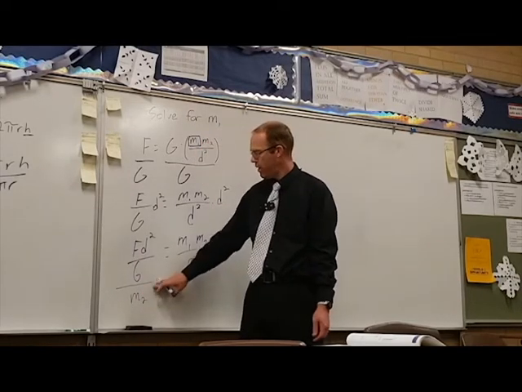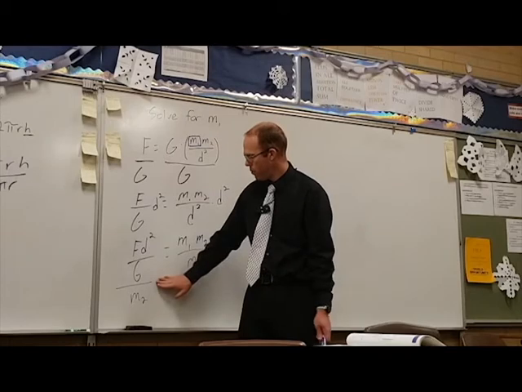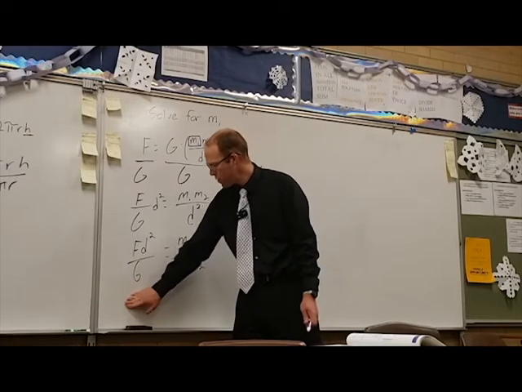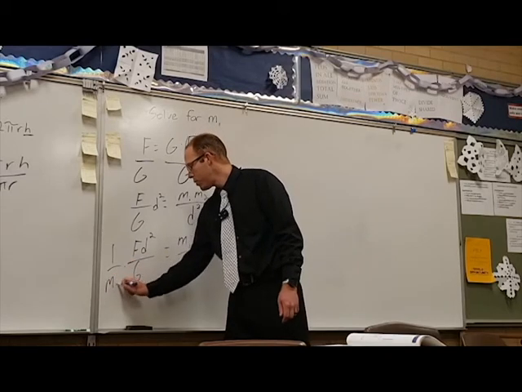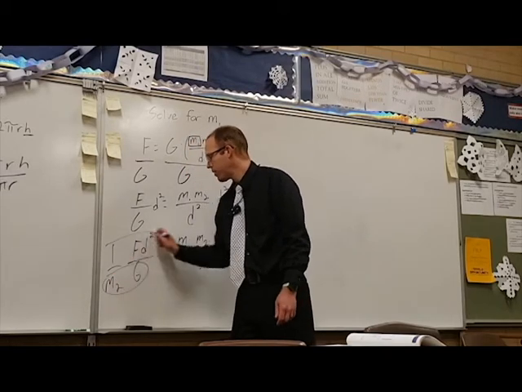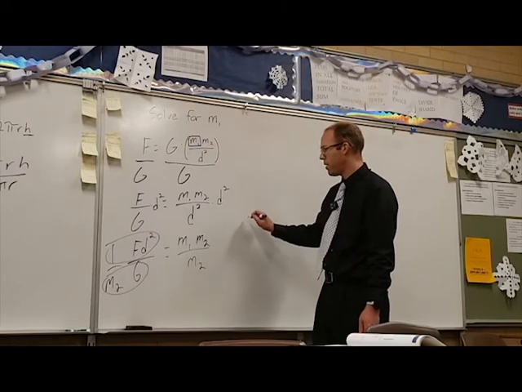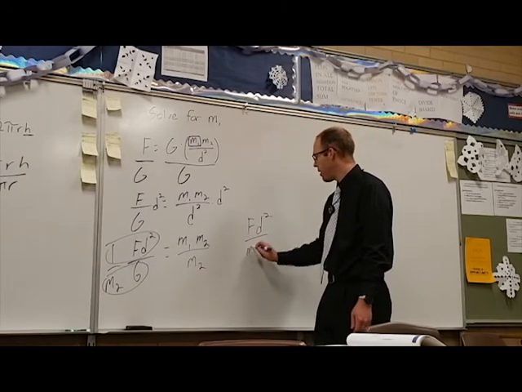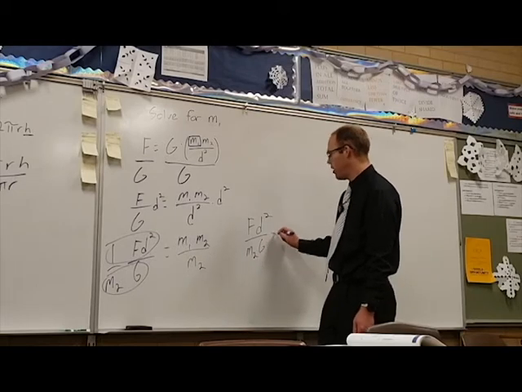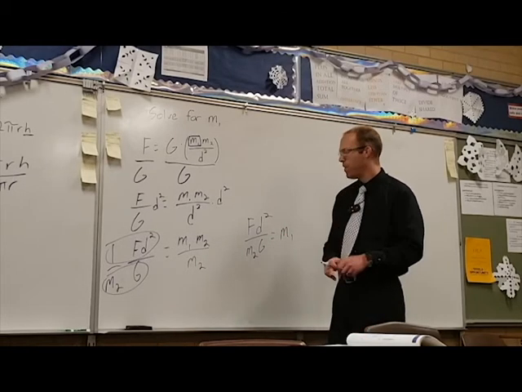Now, dividing a fraction is the same as multiplying by the reciprocal, so I'm going to flip this over and instead multiply by 1 over m2. That makes our calculation a little nicer. So we end up with f d squared over m2 times g equals m1, and we are finished.